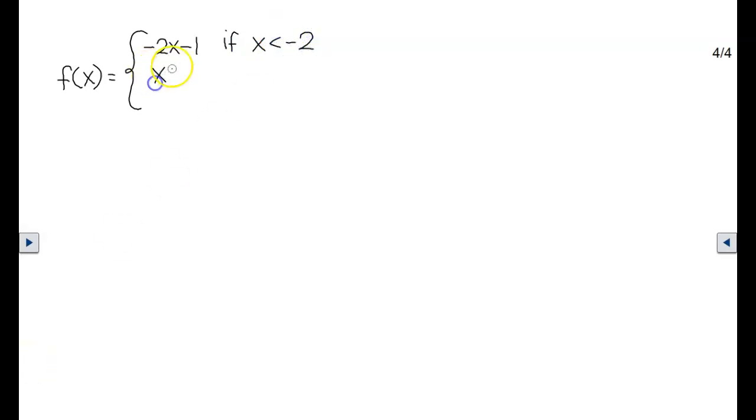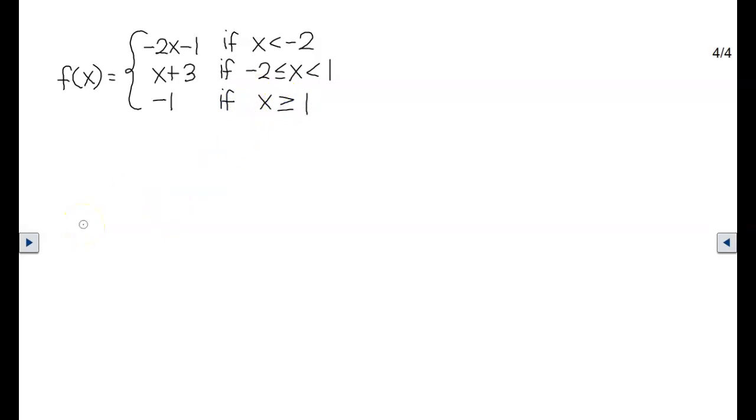It's going to equal x plus 3 if negative 2 is less than or equal to x and x is less than 1. And it's going to equal negative 1 if x is greater than or equal to 1.